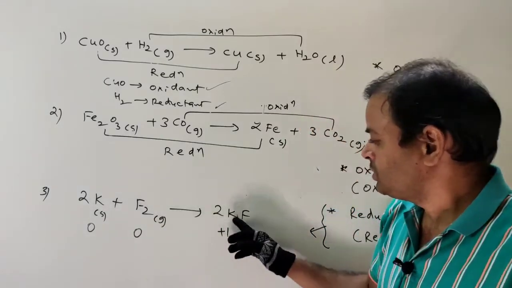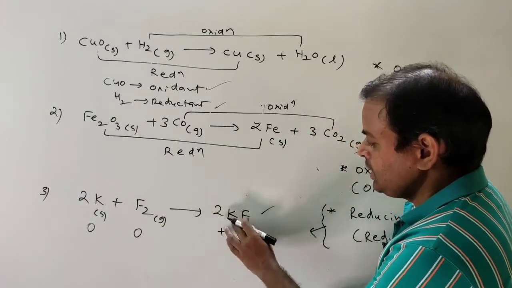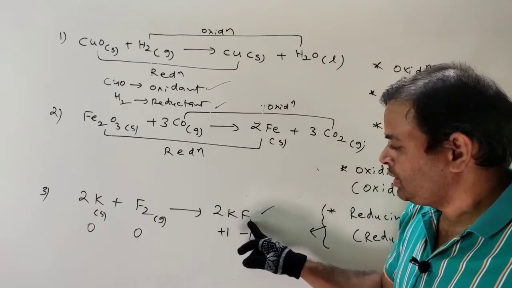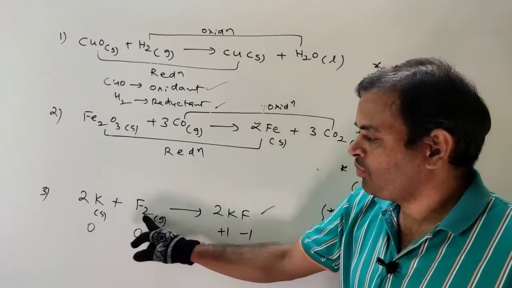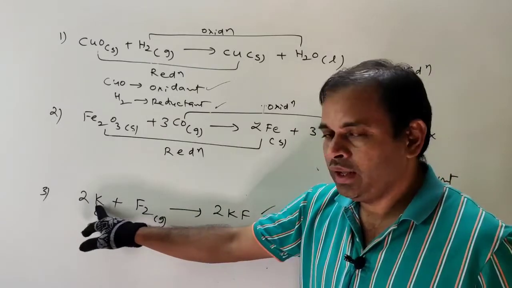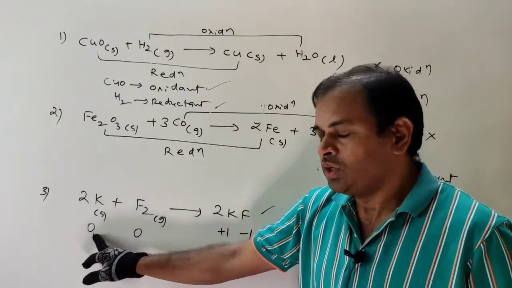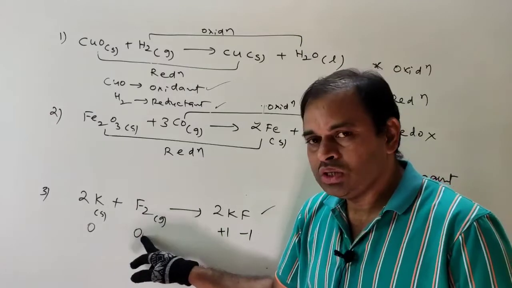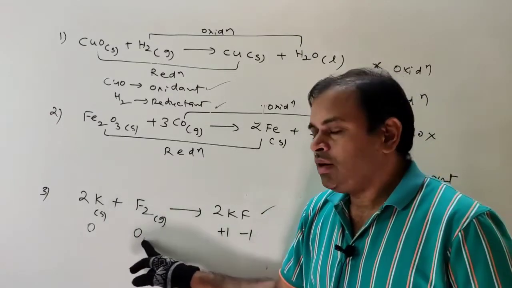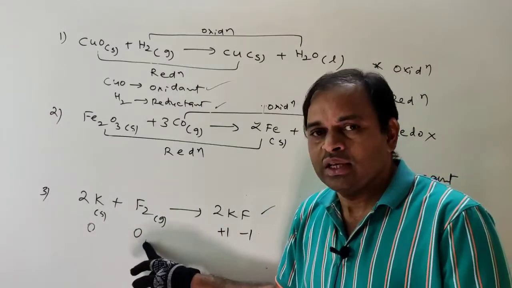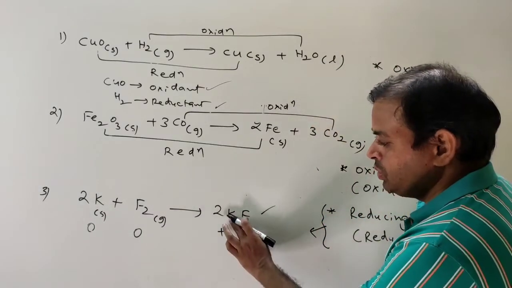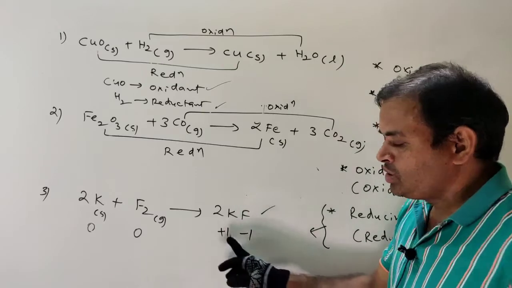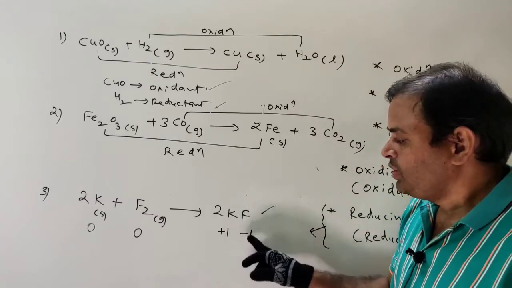Here KF is in compound form, but F2 is a molecule and K is a single atom. That's why single atoms or molecules in the free state are taken as 0.